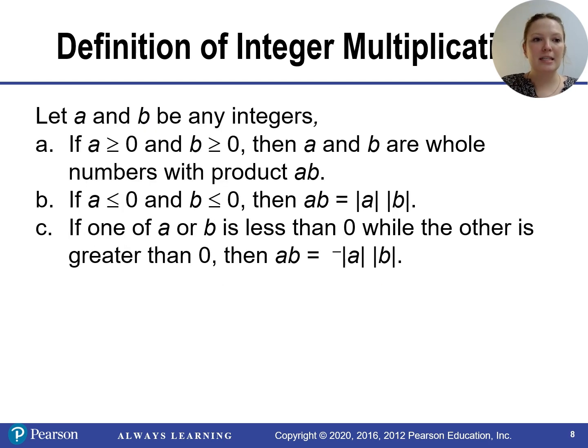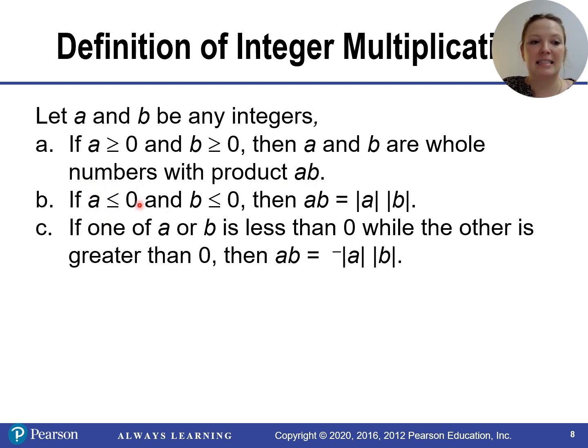All right, so we can define integer multiplication by splitting it into cases. So in the case that A is positive or equal to 0, and B is positive or equal to 0, then A and B are whole numbers, and the product is just AB as we defined it for whole numbers.